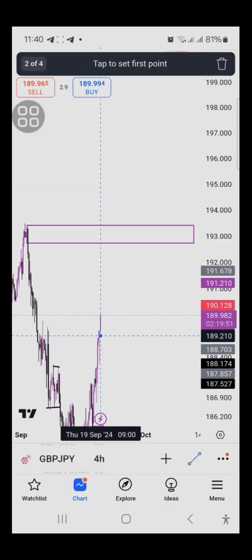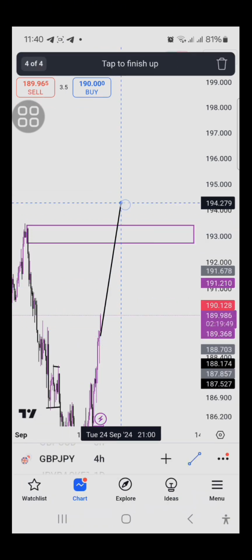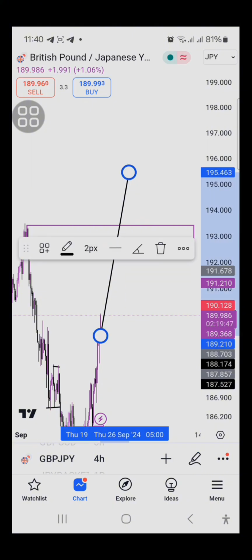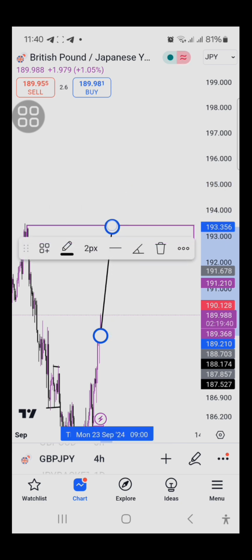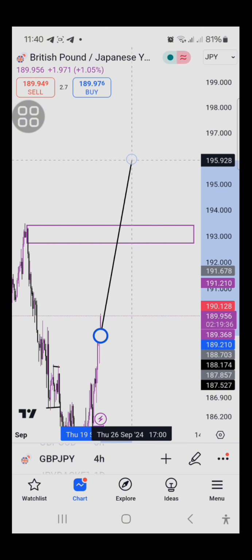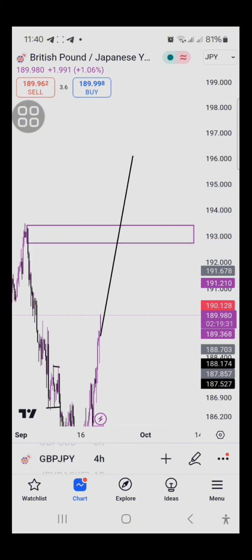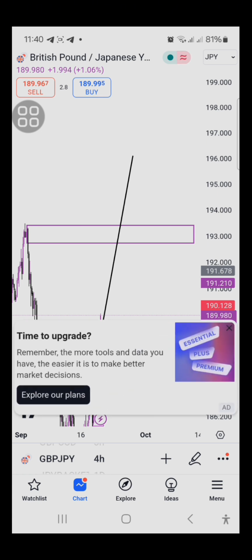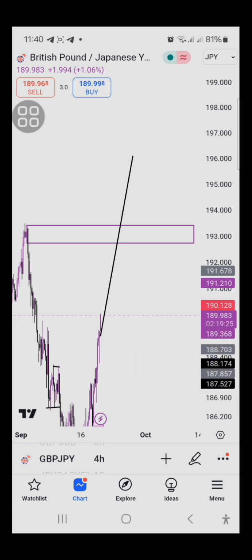But sometimes price may not just come and do this outrightly. It may come here, stall within your zone, do a little movement here, and then still continue the upward movement. But whatever price wants to do, as long as price comes to that zone, you want price to pick you, and you want price to continue moving up.